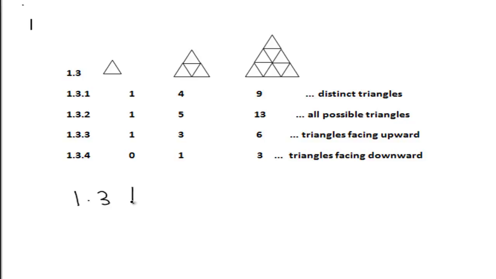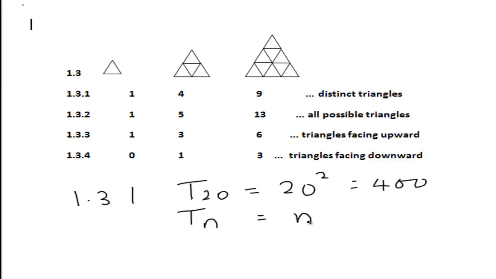And one would straight away notice that these are square numbers, 1 squared, 2 squared, 3 squared as it appears. So T20 would be 20 squared, which is 400. And then Tn, the nth term, obviously would be n squared.